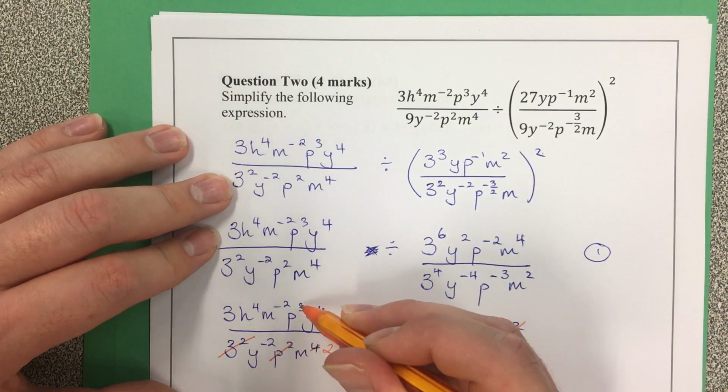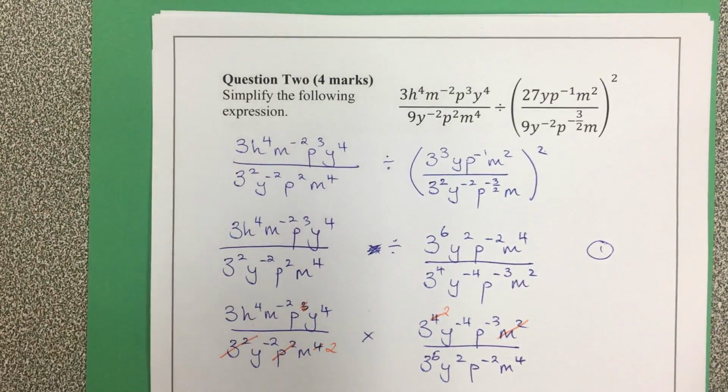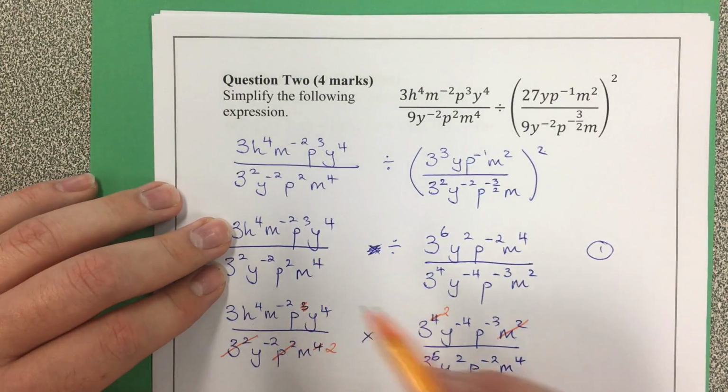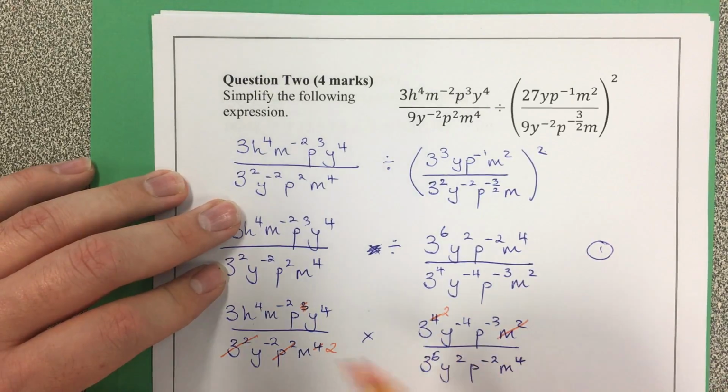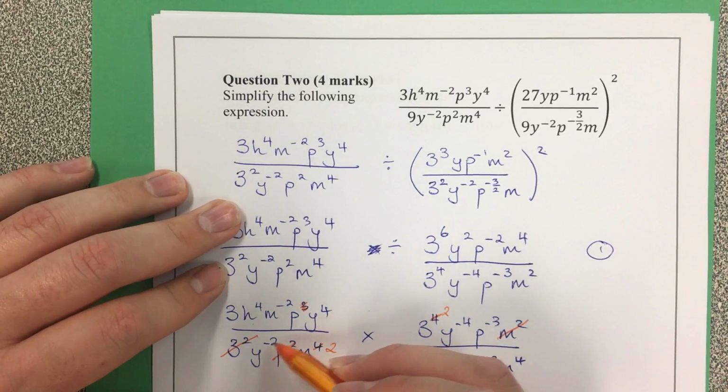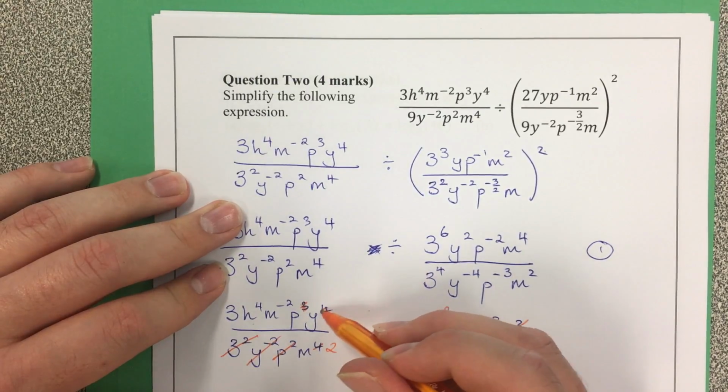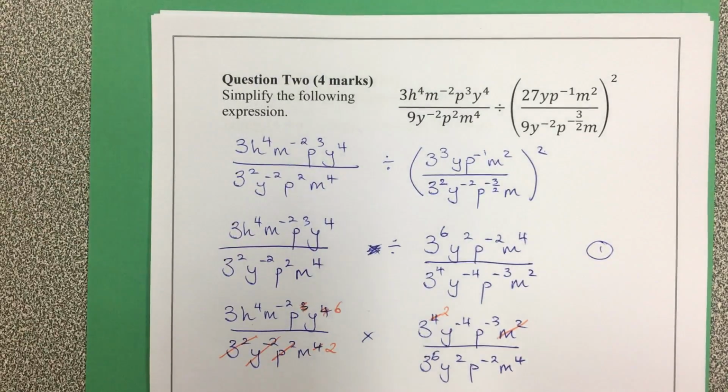p^3 divided by p^2, so it's just going to be p, because we subtract the indices when we do this. y, so 4 minus 2 is going to make that y to the power of 6.